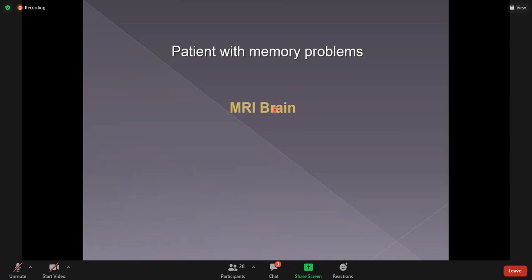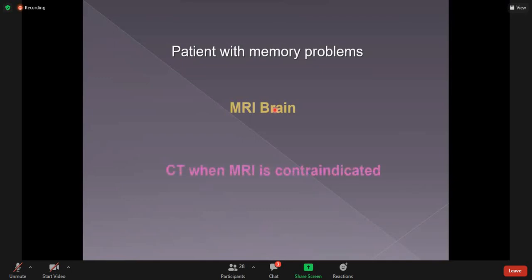If we say contrast MRI, T1, T2, FLAIR, and the post-contrast images. Post-contrast MRI is recommended whenever there is an infection, inflammation, or a tumor, or demyelinating diseases.